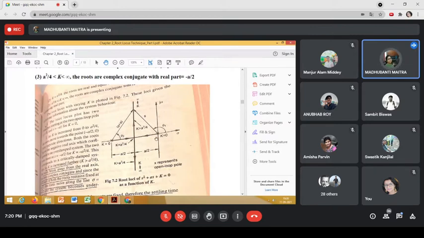Why? Since the real part is constant, which is minus a by 2. Have you understood this?